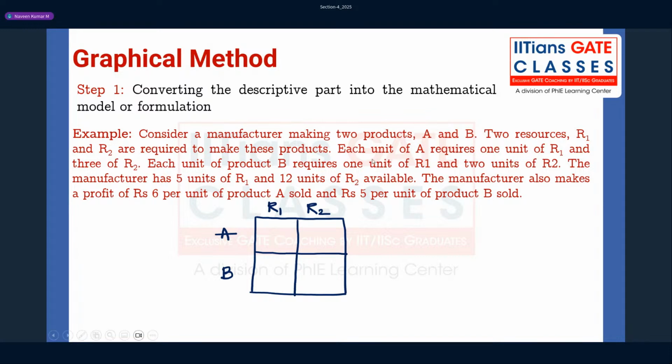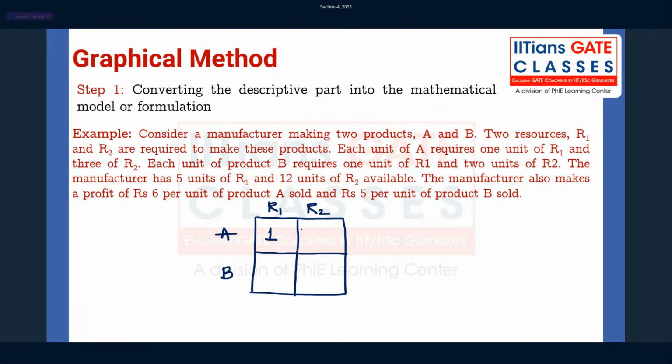And they're saying each unit of A requires 1 unit of R1. It means, let's say A is product and R is machine, it may take 1 minute. That is what I mean. Or maybe you are making some material, so R1 is some material X and R2 is some material Y. Maybe for making the product A, you need 1 unit of material X. That is the meaning.